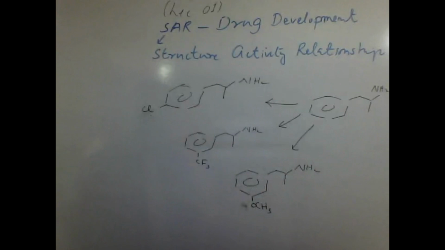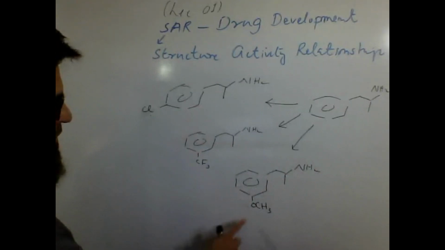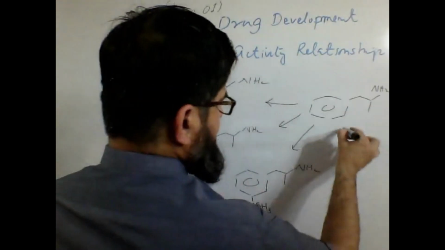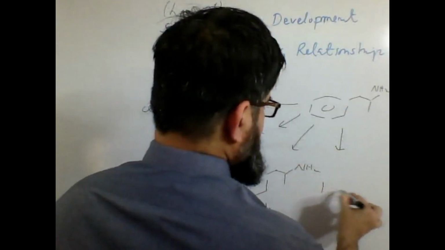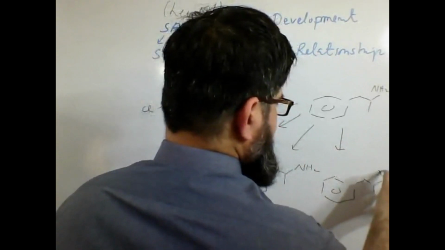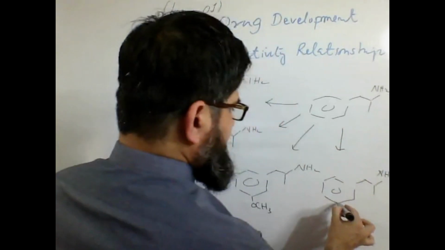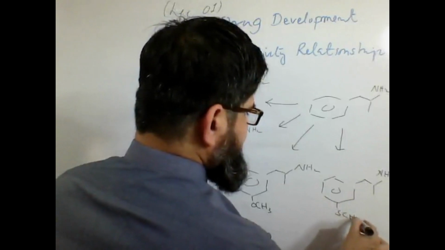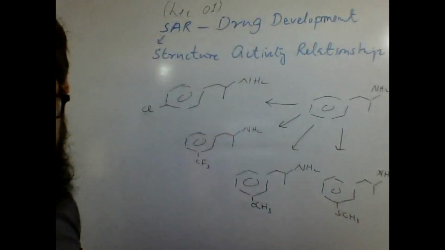Then somebody again came up, instead of this oxygen, they also prepared another type of amphetamine. Over here sulfur was used, SCH3 was introduced.